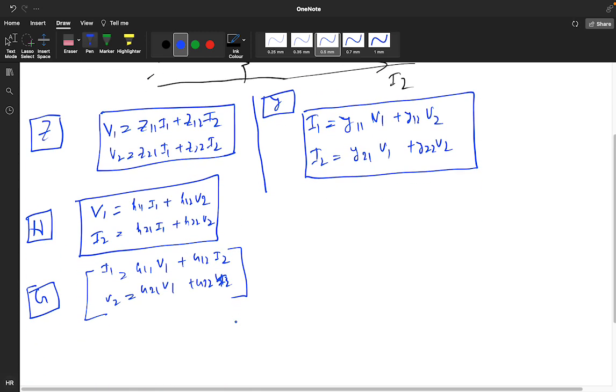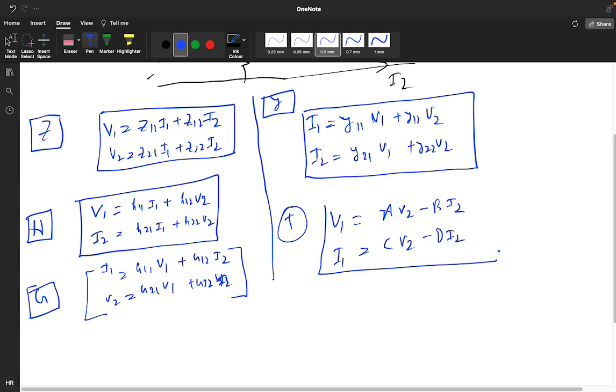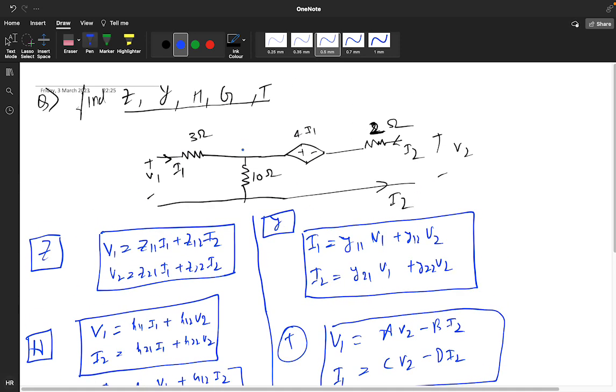And right now we discuss the T parameter, the ABCD parameter. I know you guys know the general equation of the ABCD parameter. V1 is equal to A V2 minus B I2 and I1 is equal to C V2 minus D I2. So we know these equations and the conditions, and by seeing this, what kind of network is this?